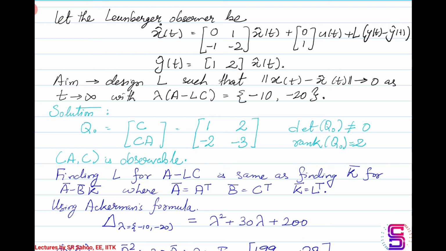Now we are set to find the gain matrix L that places the eigenvalues of A minus LC at minus 10 and minus 20.